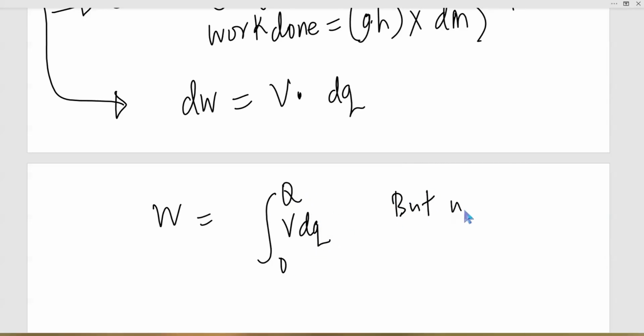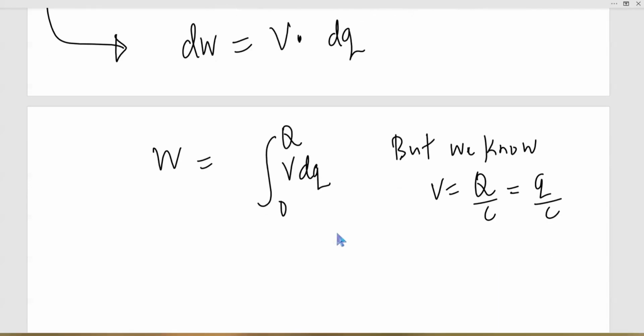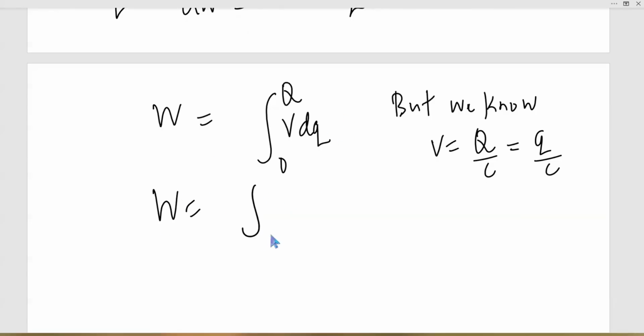But we know that V is equivalent to Q out of C. So this is going to be Q out of C, since we are going to be integrating with respect to this small q. Therefore, the work done will be integrating from 0 to Q of Q out of C with respect to Q. In integration, we increase the power by 1 and divide by the new power.